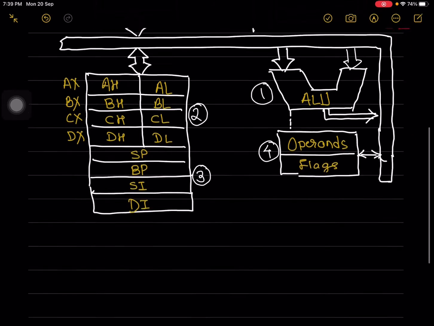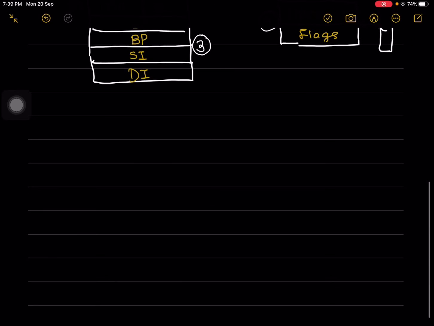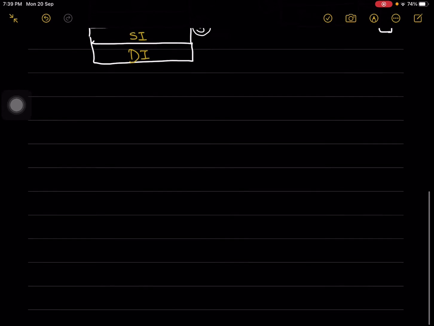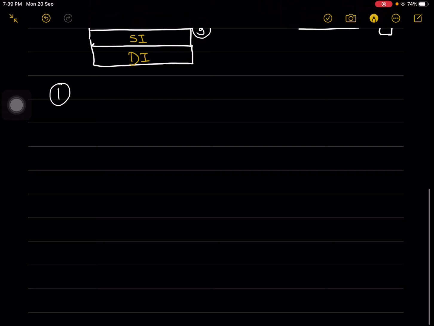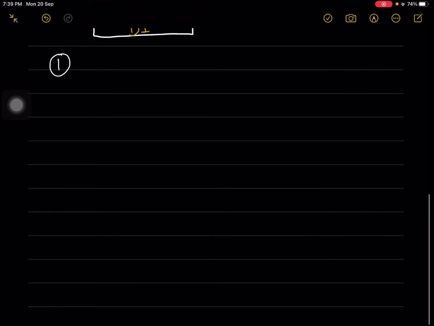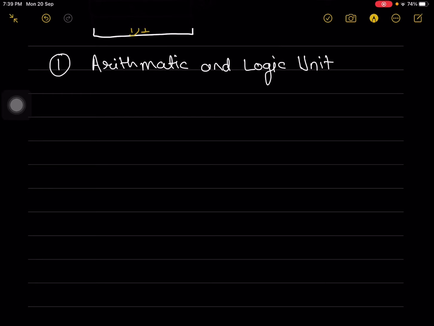Let us start with the first part, that is the ALU or arithmetic and logic unit. The first part of the execution unit, which is very important, is the arithmetic and logic unit. Obviously from the name it is clear that all the arithmetic and logical functions required in any instruction are carried out within this unit.